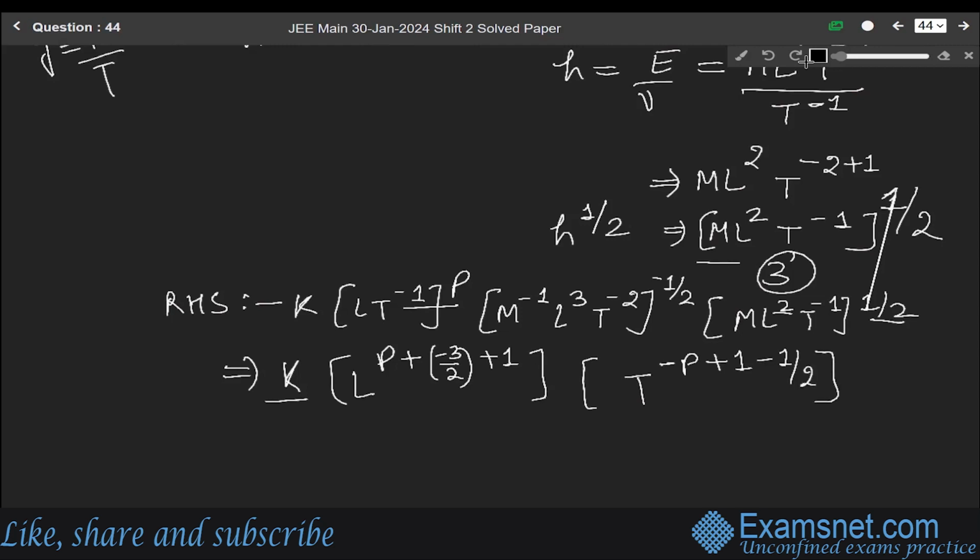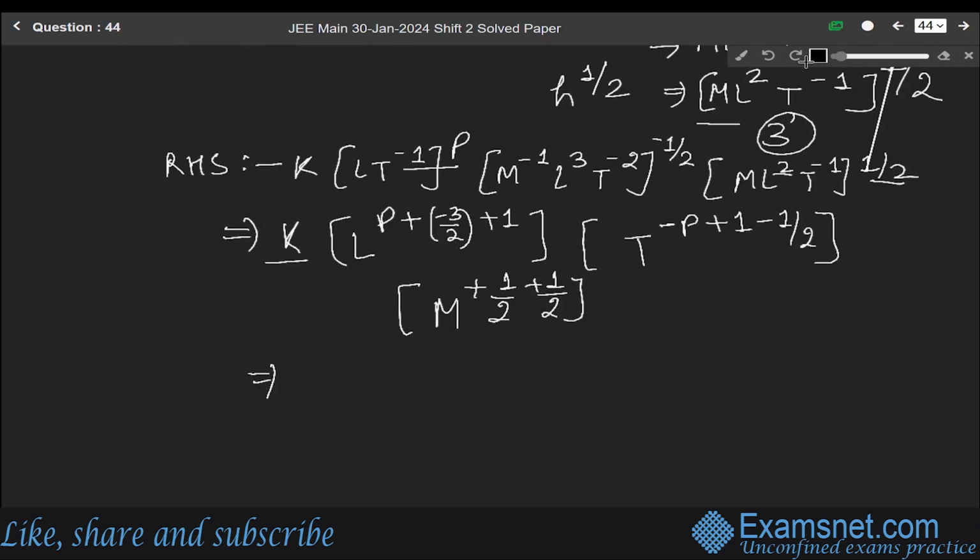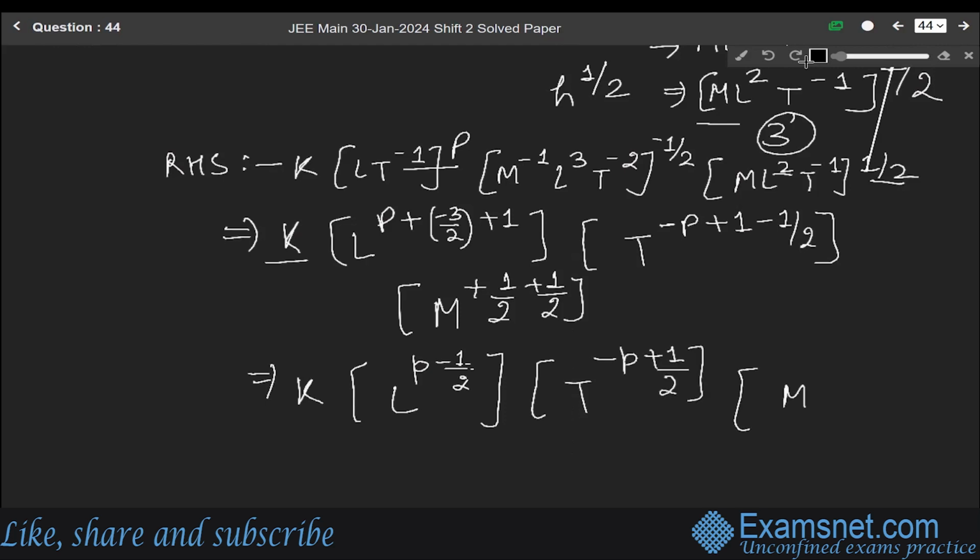And then M: M will be minus minus plus 1 by 2, and this is also plus 1 by 2. So we get RHS as K L to the power minus 3 by 2 plus 1, meaning p minus 1 by 2. Then T to the power minus p plus 1 by 2, and M to the power 1.